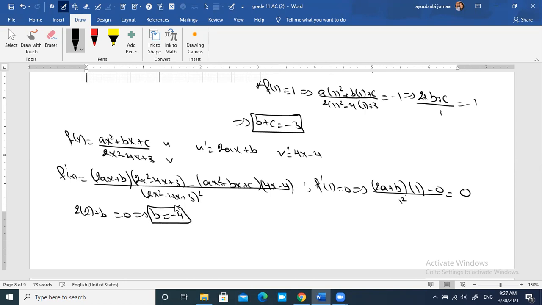Use this in b plus c is equal to negative 3, then negative 4 plus c is equal to negative 3, and so c is equal to 1. Okay? Any questions?